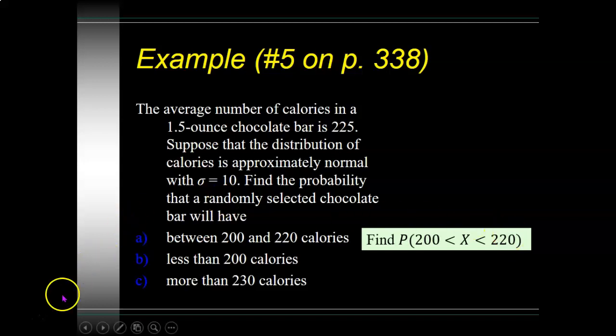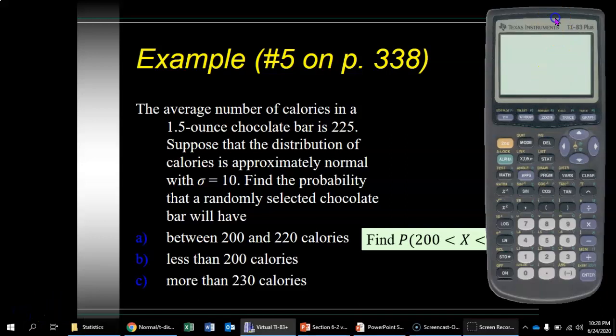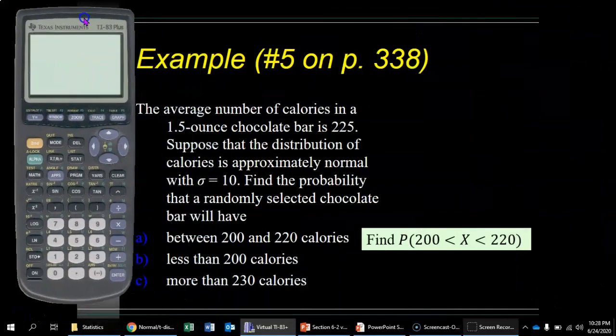I'll get my graphing calculator, and I will ask it for normal CDF from 200 for the lower number to 220 for the upper number, with a mean of 225 and a standard deviation of 10. And the answer is 0.3023.